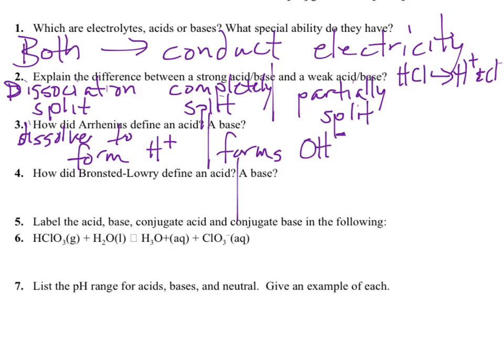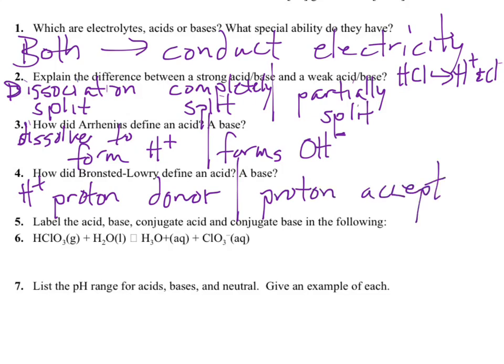Bronsted-Lowry said that an acid is a proton donor. In other words, they're donating H plus, whereas a base is a proton acceptor. So the Bronsted-Lowry is all about protons, whereas the Arrhenius is all about ions, what ion is produced.